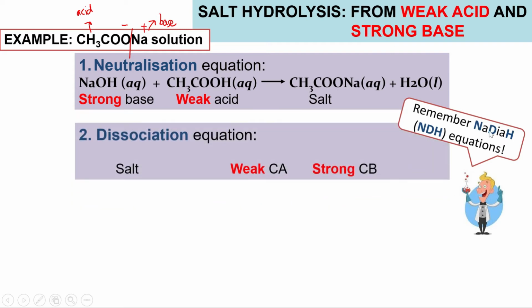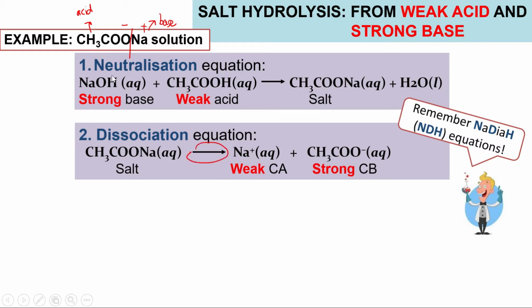Next, we do the dissociation equation of a salt. We have our salt here, CH3COONa, which dissociates completely. So please use the single-headed arrow into its cation and anion. This Na+ comes from NaOH.